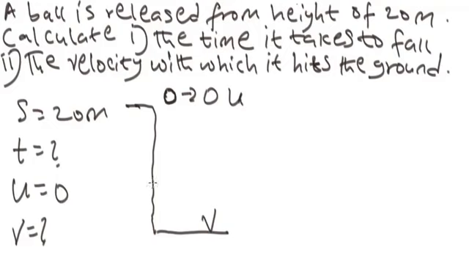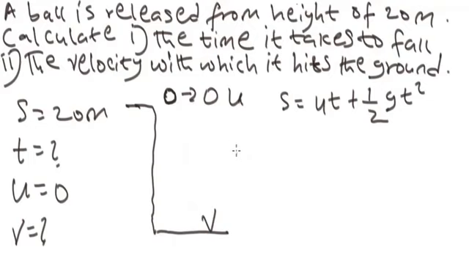Remember, this is a motion under gravity. We have time, we have u, and we don't have v. That means we're going to apply s equals ut plus half gt squared, and it is responding to gravity because the ball is falling, not going up.